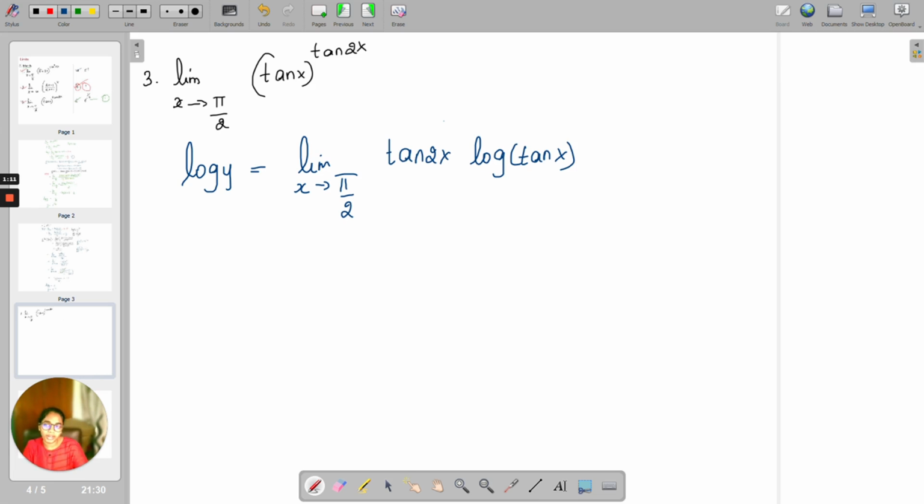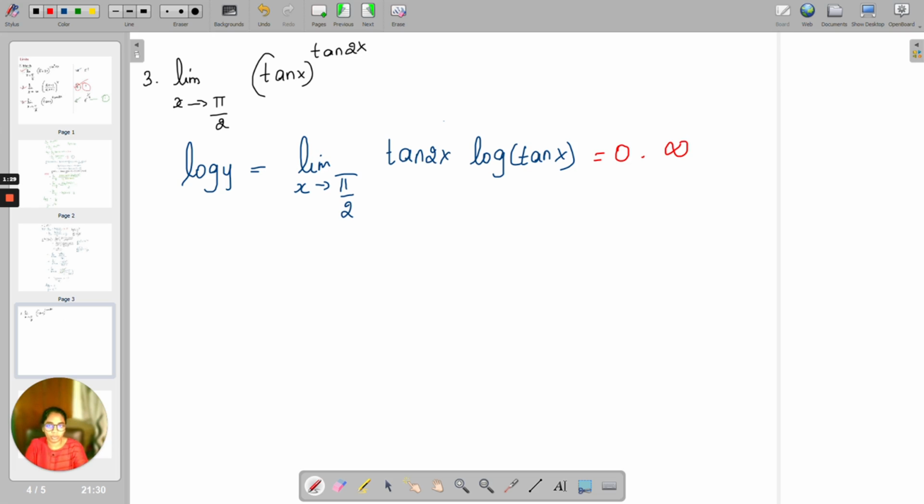Now after applying the limits, what would you get? What is tan pi? 0. What is tan pi by 2? Infinity, and log infinity is again infinity. So isn't this a type of indeterminate form?